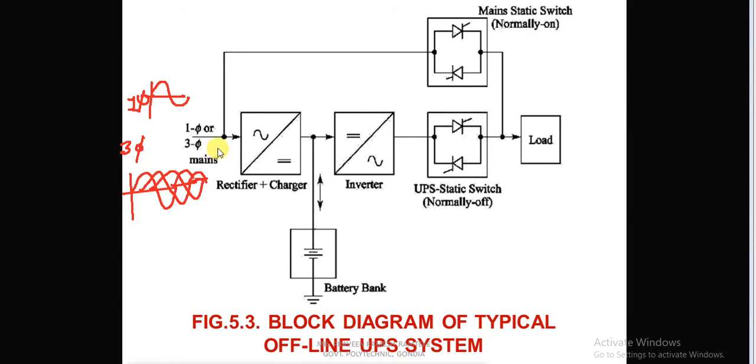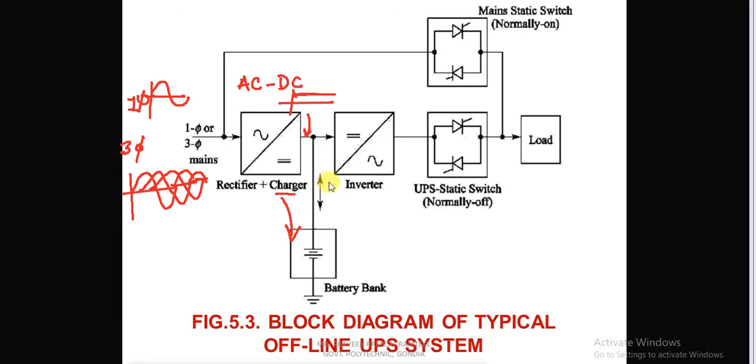It is given to the rectifier. This rectifier will convert the AC to the DC voltage. This charger is going to provide the DC voltage to the battery bank for charging. So here the output is obviously pure DC at this point.